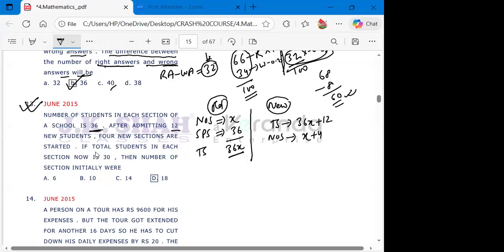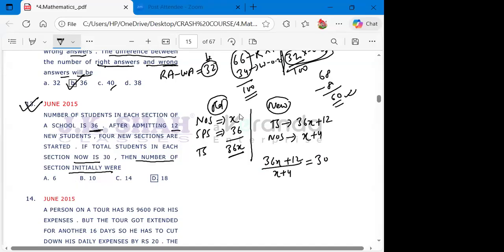Now they are saying total students in each section now, it means, sir, (36x plus 12) divided by (x plus 4) is actually students per section, and it is given how much? 30. You can now solve for x, because they're asking the number of sections initially.